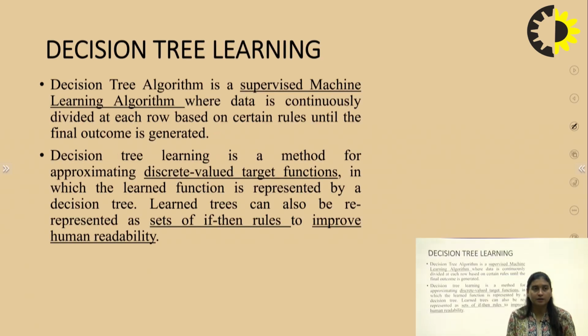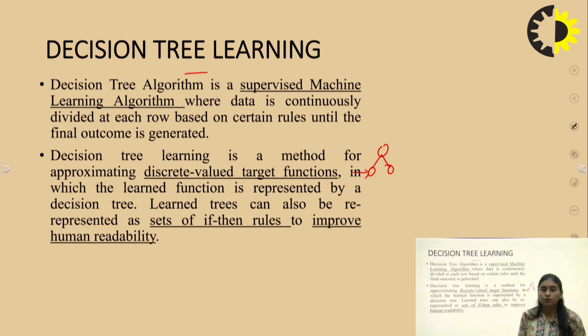So let's start with the definition of decision tree learning. As the name suggests itself, it's a tree. It comes under supervised machine learning algorithms, where data is continuously divided at each node. It's a tree-like structure and data is divided at each node based on a certain set of rules until the final outcome is generated.